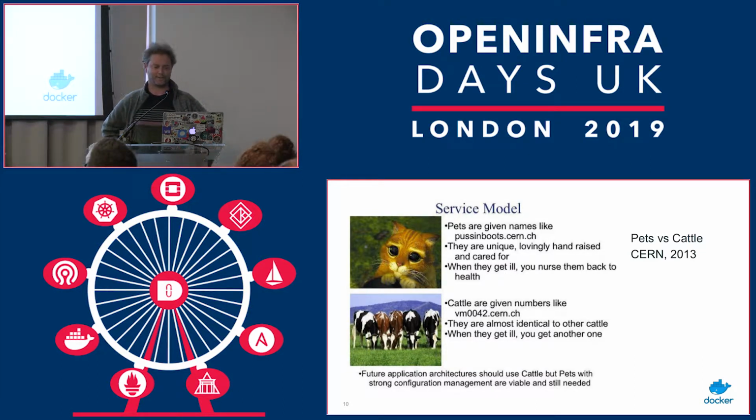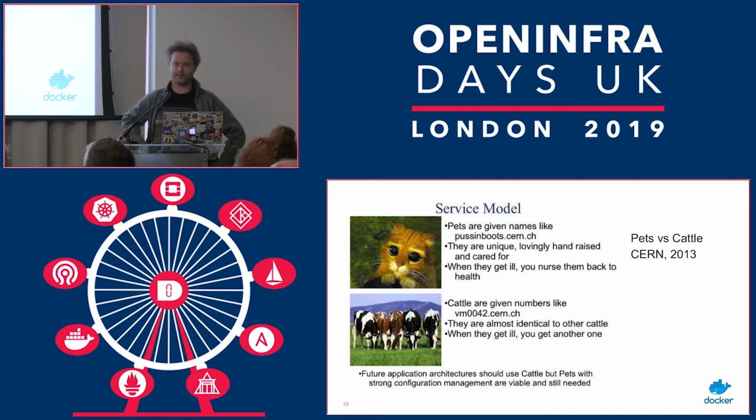Pets and cattle, that was another bit of history. There was a talk from 2013 from CERN, still giving talks today as well. But this was the first talk to really give this idea of pets and cattle a name. So pets were the machines that you lovingly hand cared for and nursed back to health and had config management.